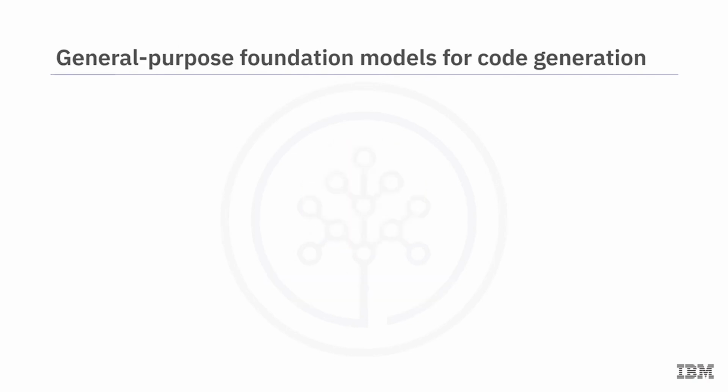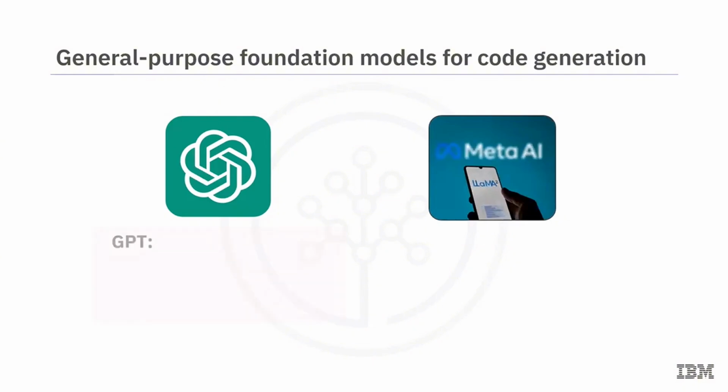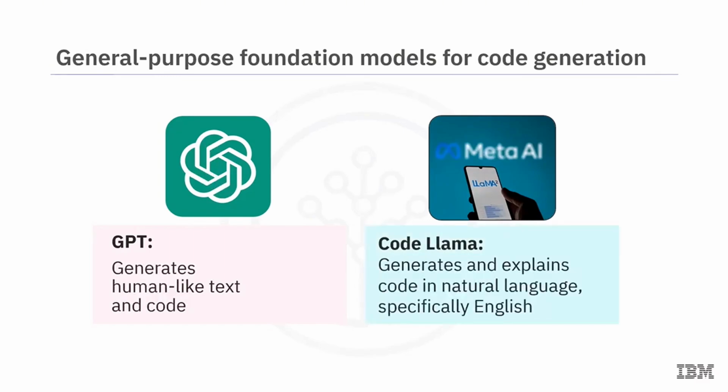In addition, several other general-purpose foundation models can be used for text-to-code generation, such as OpenAI's GPT and Code Llama by Meta. GPT excels in human-like text generation and demonstrates impressive capabilities in code creation. Code Llama can generate and explain code in natural language, specifically English.